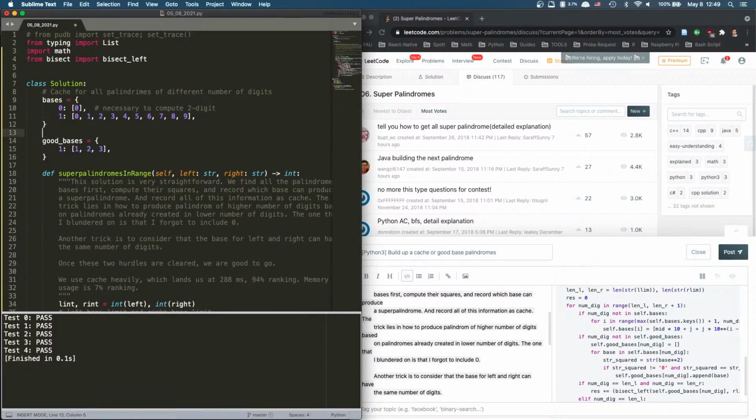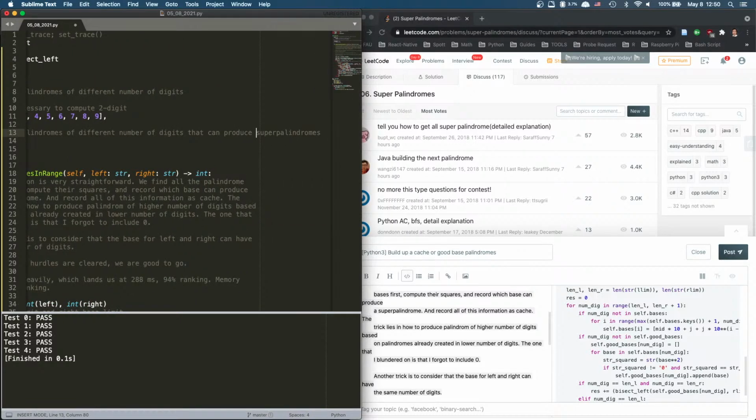And this is cache for the palindromes that can produce super palindromes. Cache for the palindromes of different number of digits that can produce super palindromes.